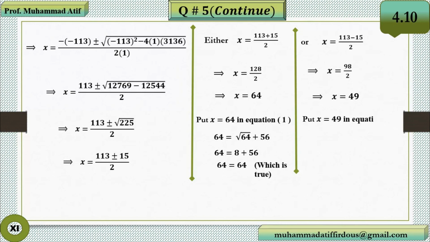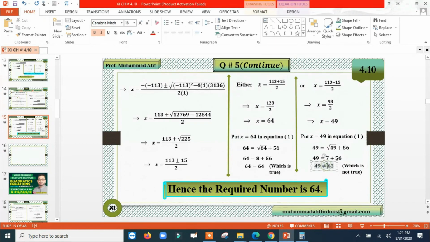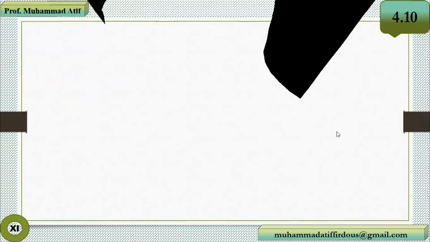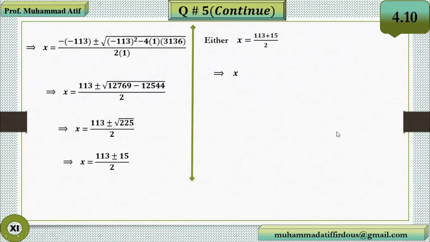So put x is equal to 4 in equation 1, and simplify this, you have 4 is not equal to 8. Got it? If 4 were equal to 8, you could say that your answer is true. But in this case, 4 equal to 8 is not possible, which is not true. You can write this in word form, or mathematically you can write it with the not equal sign.